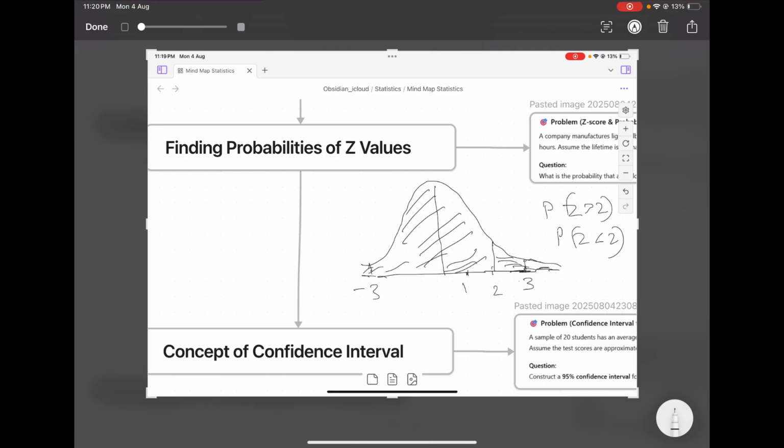So this is how you use the Z table. Similarly, if you want to find the probability that Z lies between 2 and minus 2, in that case this is a normal distribution, and this is 2 and this is minus 2, so this is the area. So you will get the probability from here. So this is all about how to find the probability using the Z score.